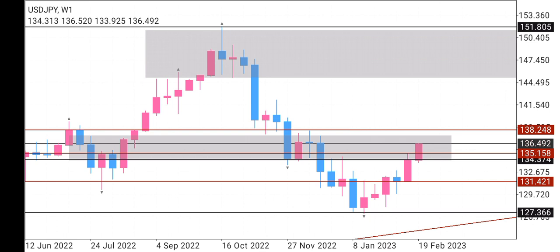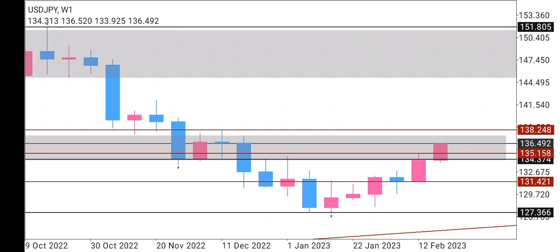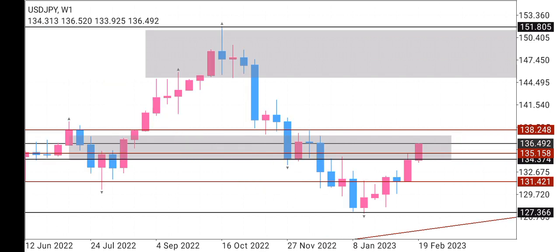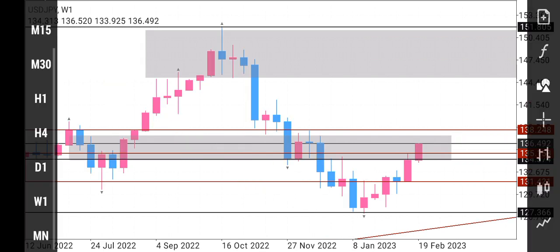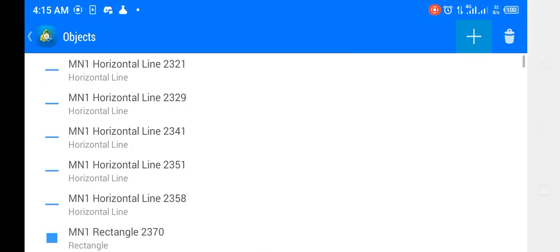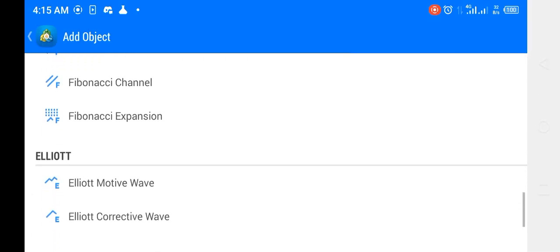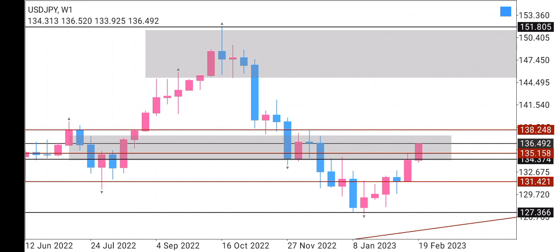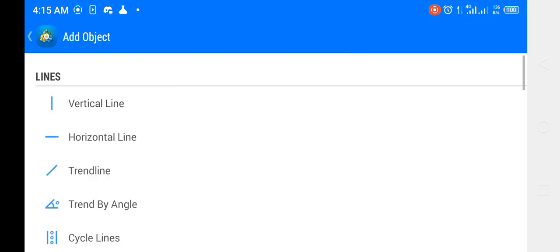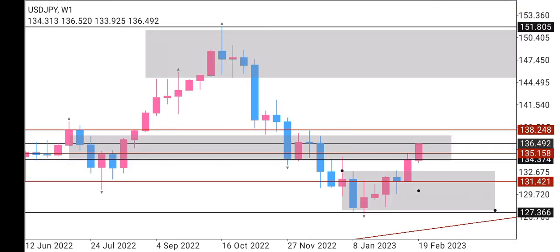So from the weekly outlook, if you look at it very well, from this demand zone that price moved from, there's a gap. This is just the gap.